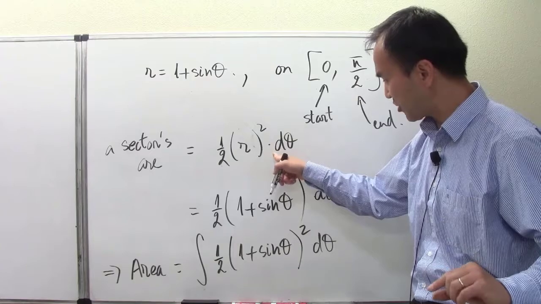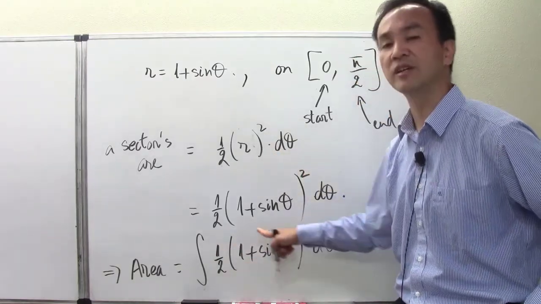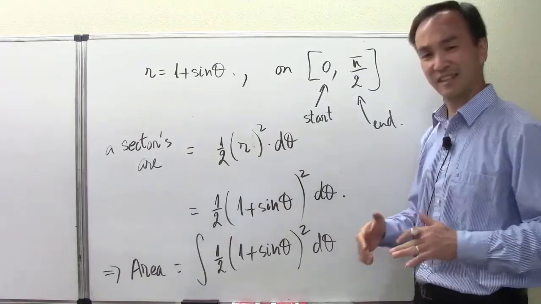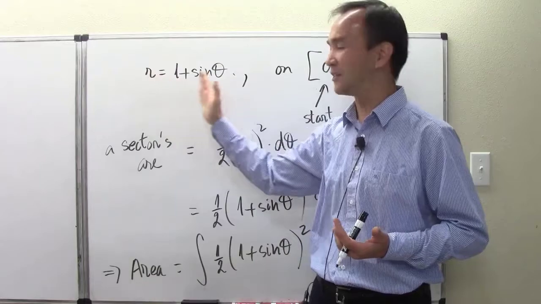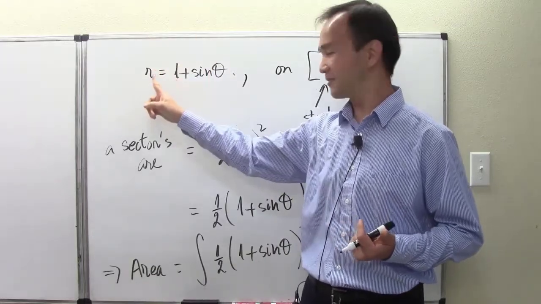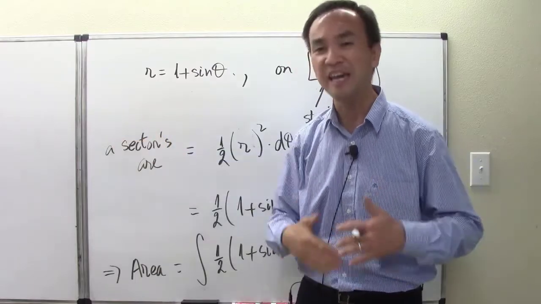The d expression here is d theta, so our function, yes, is a function in terms of theta. That's why we mostly focus on curves where r is expressed as a function of theta, but that's the way it has to eventually be anyway.